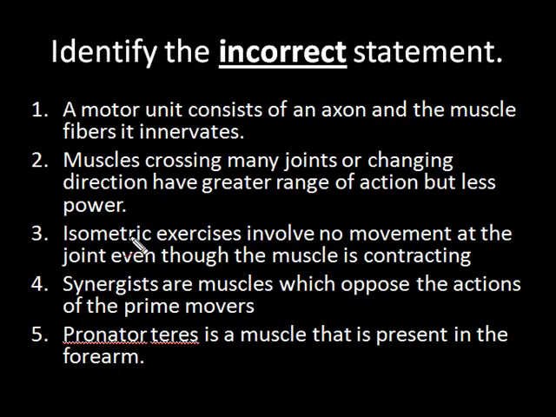The third choice, which is isometric exercises, involve no movement at the joint, even though the muscle is contracting. This is also true because during isometric exercises, the muscle is contracting, the tension inside is increasing, but no joint movement occurs. One extremely good example is if you take your arm from the position when it's lying by the side of the body and you abduct it to 90 degrees.